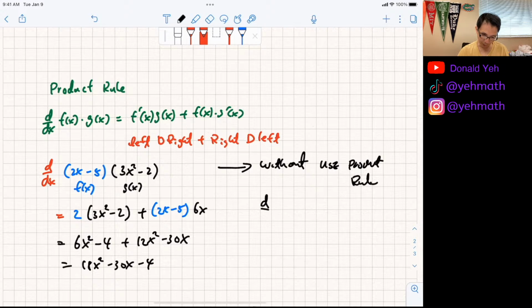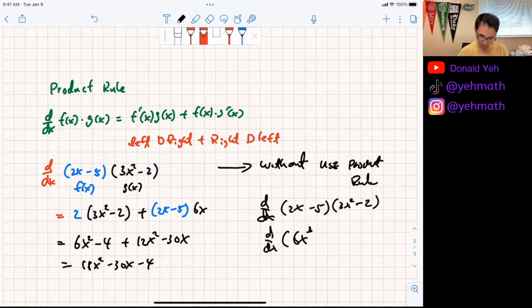If I take the derivative of this function, I can also distribute them and just say d/dx of 6x to the third minus 4x minus 15x squared plus 10.